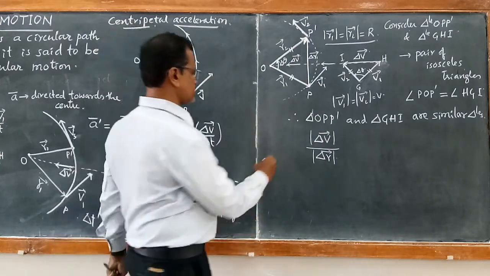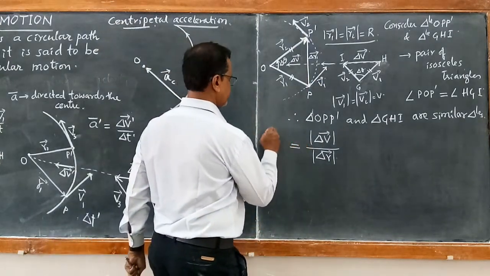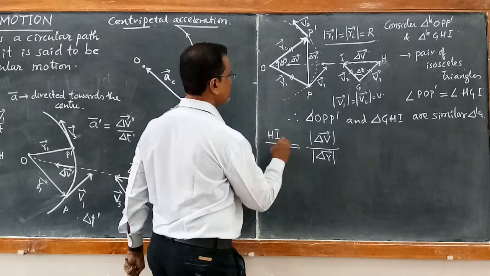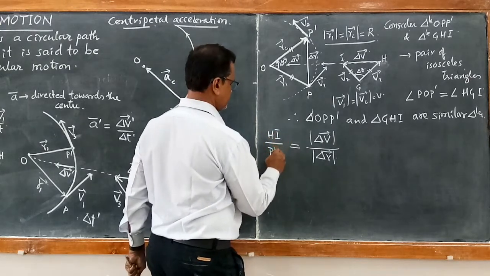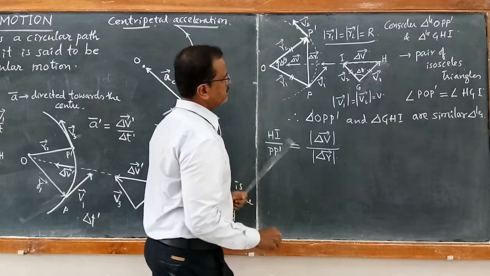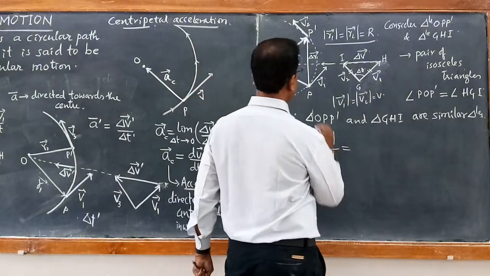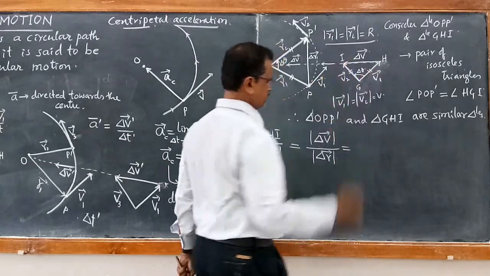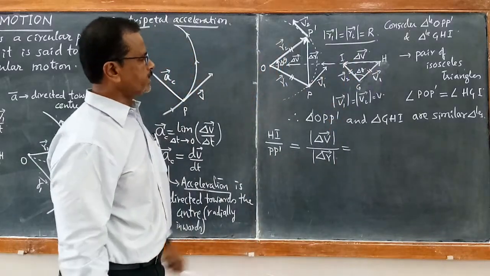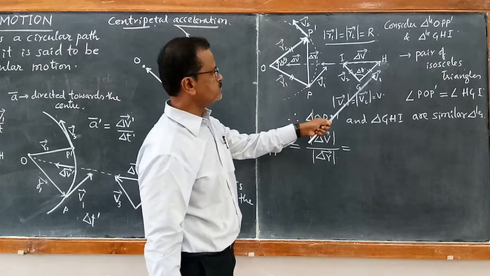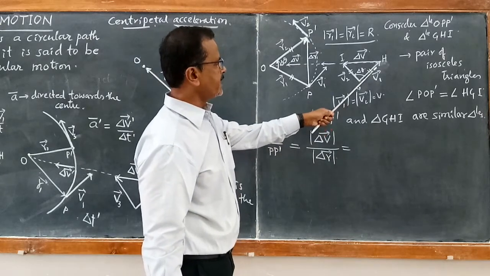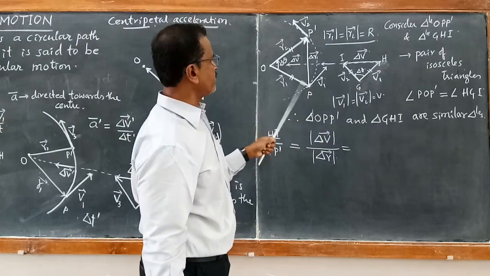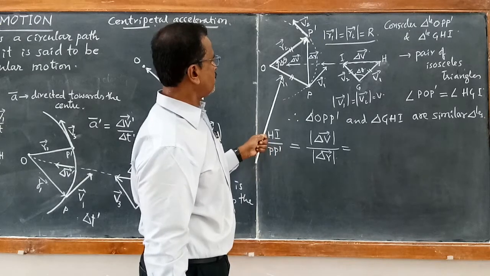You can write in one step here: HI by PP' is equal to OP by GH. I have taken this triangle first, so correspondingly here, magnitude of V1 by magnitude of R1.